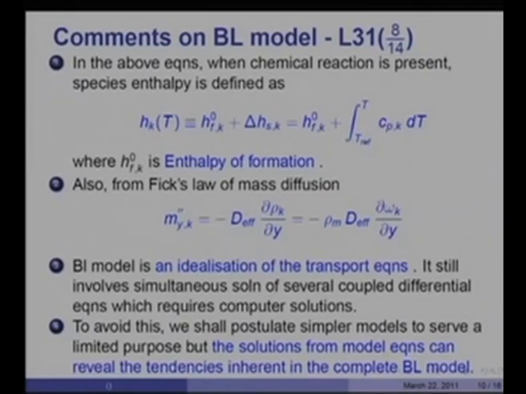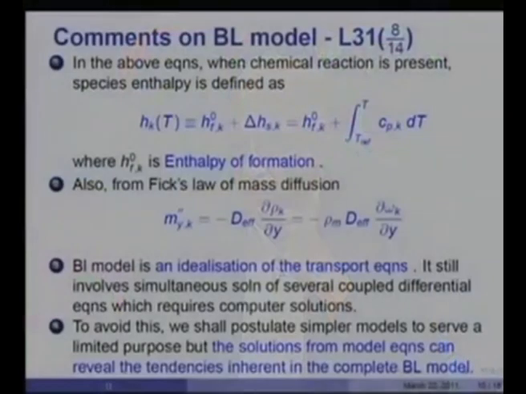And essentially, I said I am going to describe to you three simple models. The main reason is that these models have been developed essentially to circumvent the need for solving the full mass transfer problem, involving several differential transport equations.